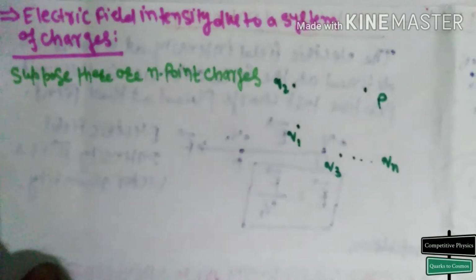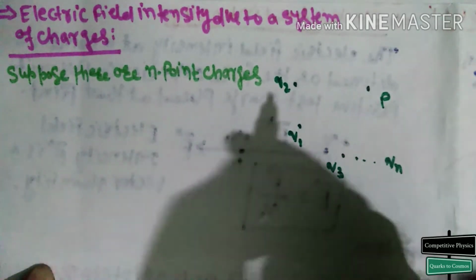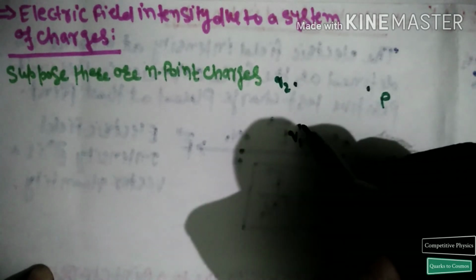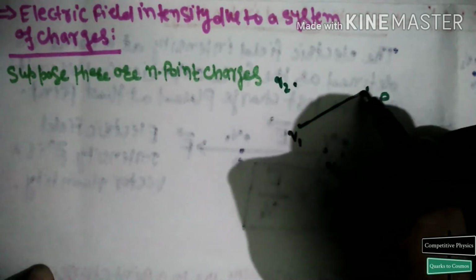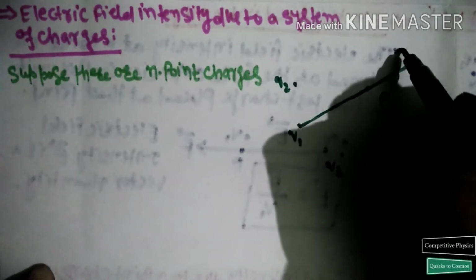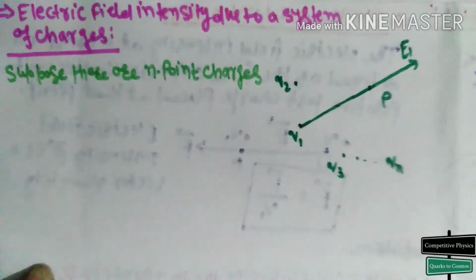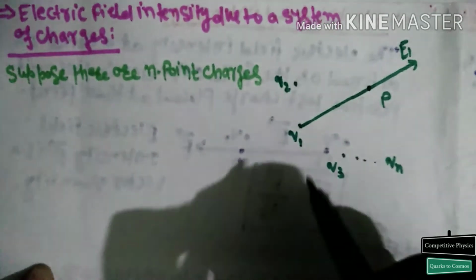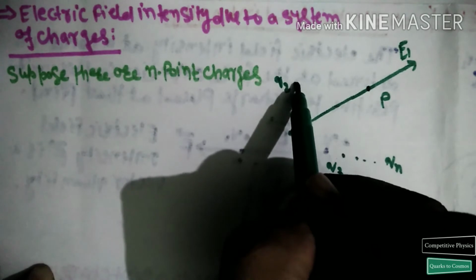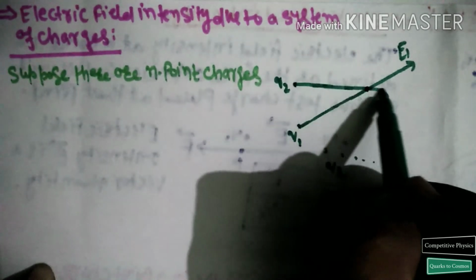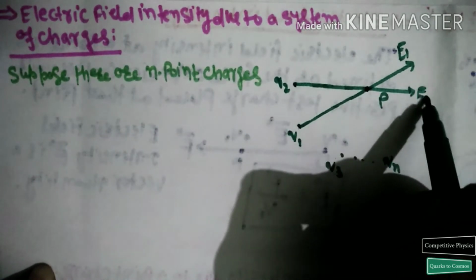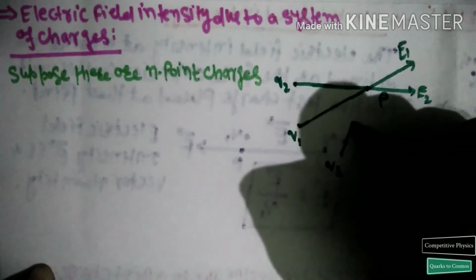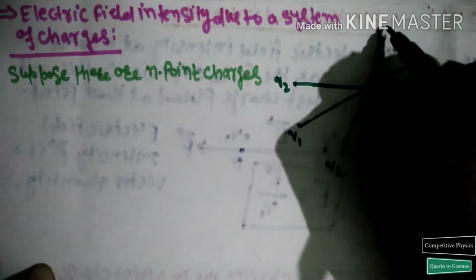Okay, well, so you know that the electric field intensity due to this charge q1 at point P, the direction will be here. Let us suppose this is E1. We have imagined that a test charge q0 is placed here. Due to the charge q2, the direction of electric field will be here. Due to the third charge q3, the direction will be here.